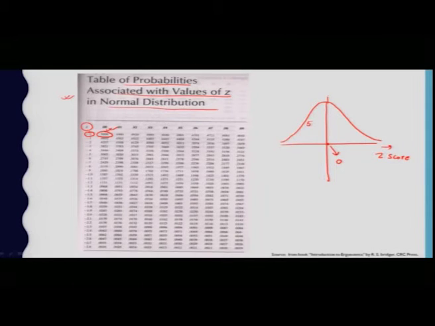It means 50% on the left and 50% on the right. So, z score is also used for predicting how much area that particular standard normal distribution curve is covering. In this way these are the z score values and correspondingly the values are given. In this way you can calculate the probabilities of the area covered in this particular curve.